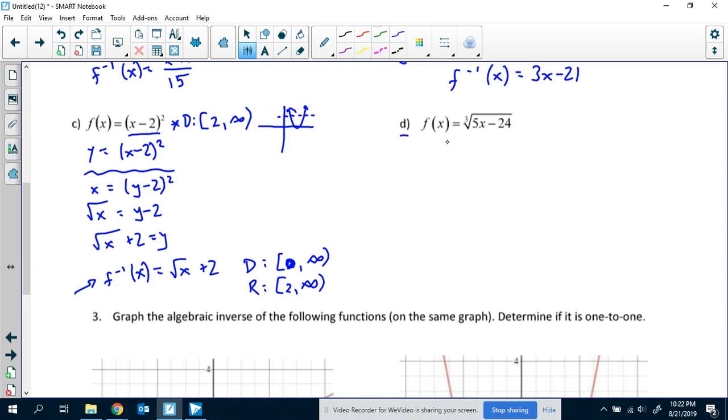Finally, letter D. There are no restrictions on anything that's a cubed root or anything like that, because I can sub in any number for x. So let's flip the x and y. So x equals the cubed root of 5y minus 24. I'm going to cube both sides, subtract, or I'm sorry, that should be a minus 24.